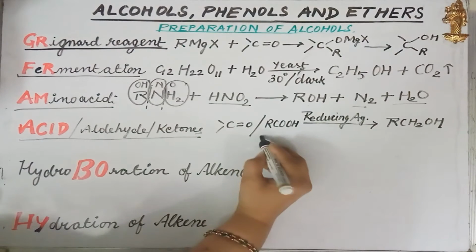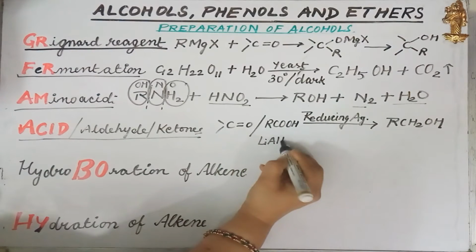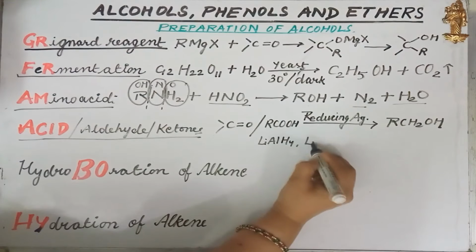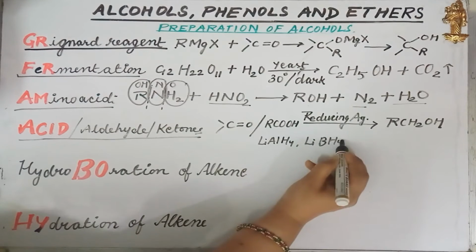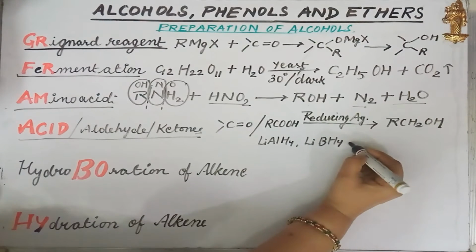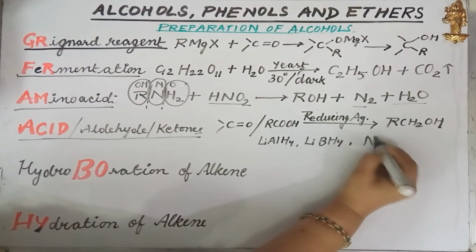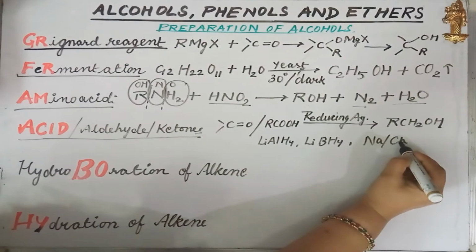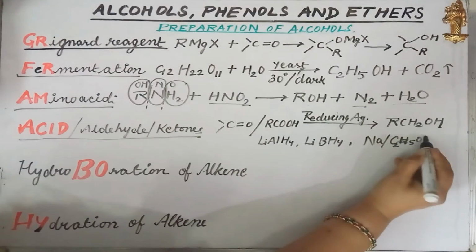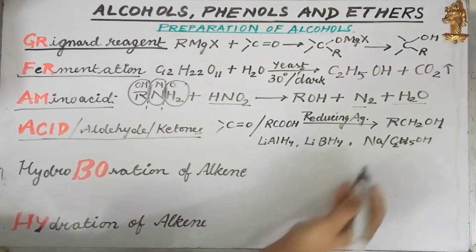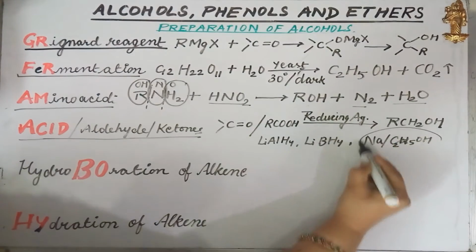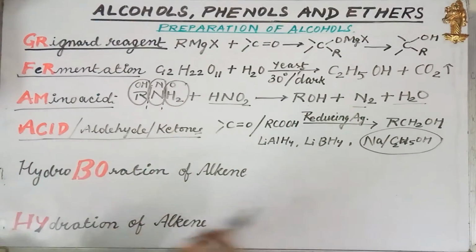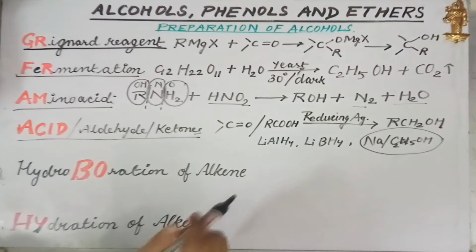These reducing agents may be lithium aluminium hydride, lithium borohydride, sodium ethoxide, etc. When the reduction is done by using sodium ethoxide, the reaction is also known as the Bouveault-Blanc reaction.